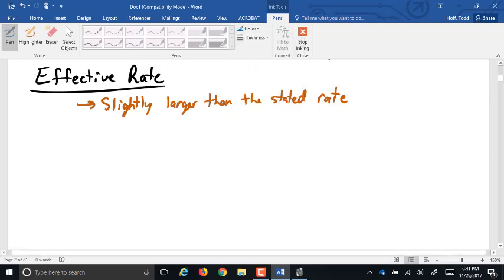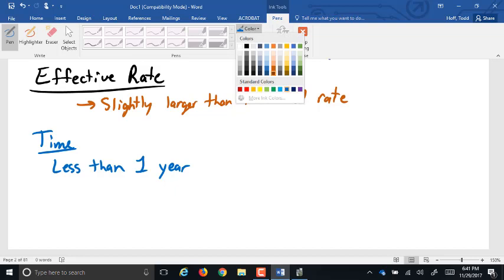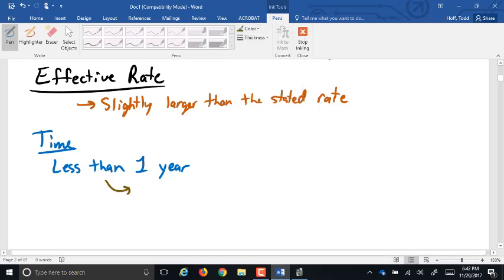There are 2 cases we have to worry about. If the time of the loan is less than 1 year, we use the actual time.